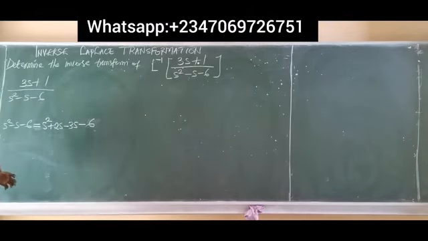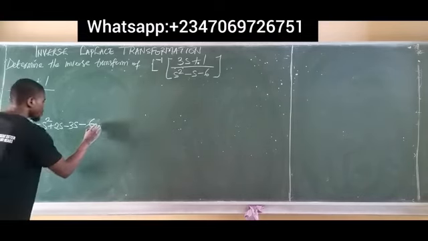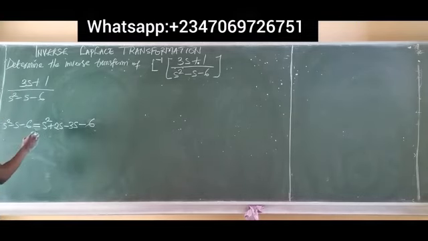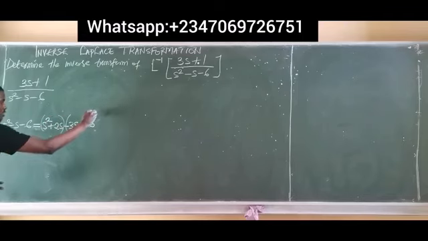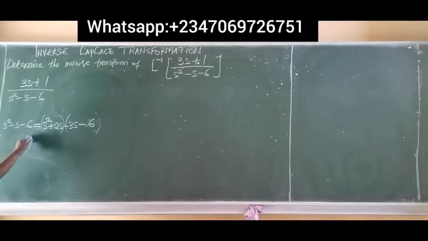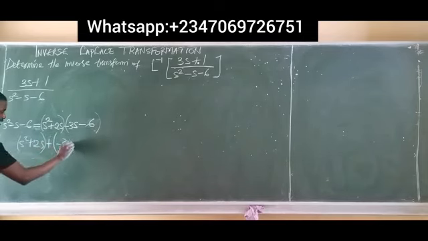So this is now equal to, we can simply factor these two and factor these two aside. Factoring these two, I have s² + 2s, and then you factor this other two, −3s − 6. You have something like this.